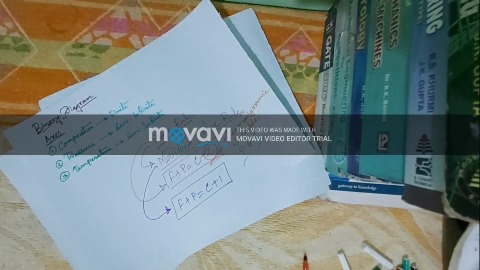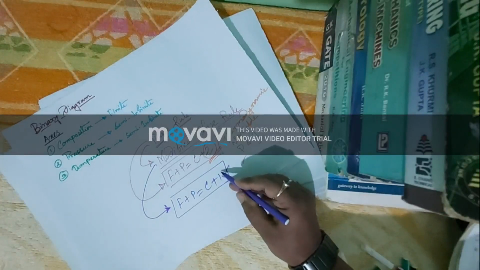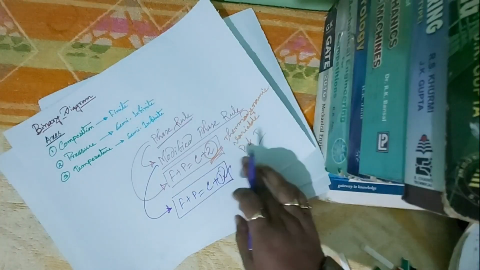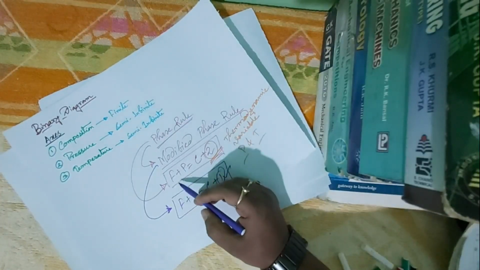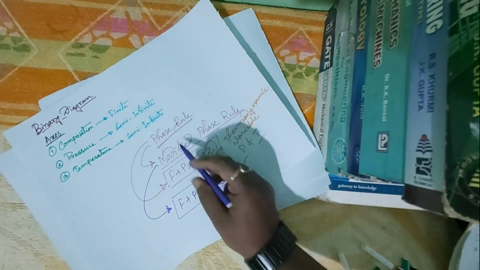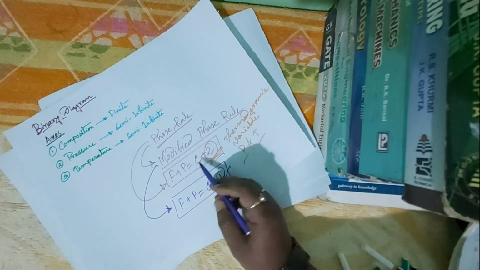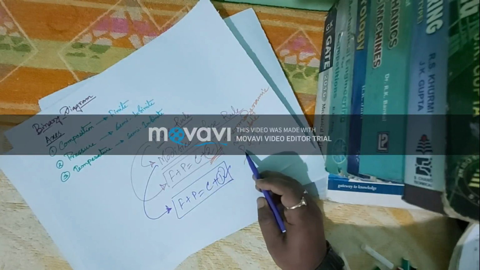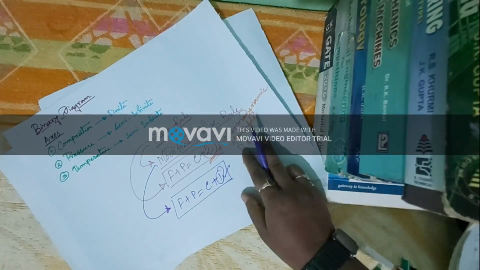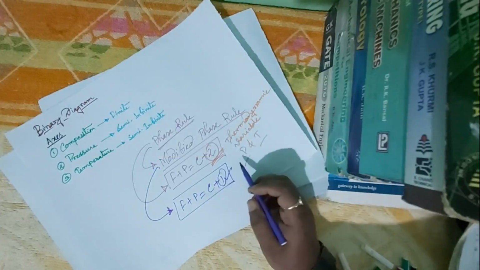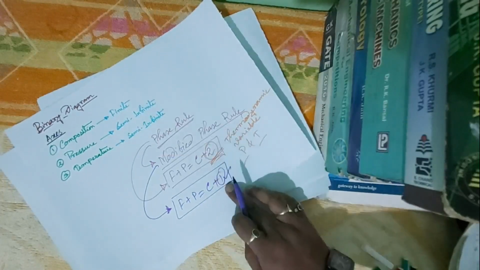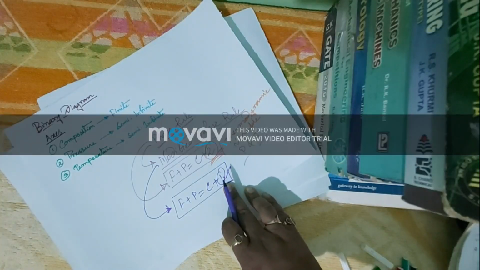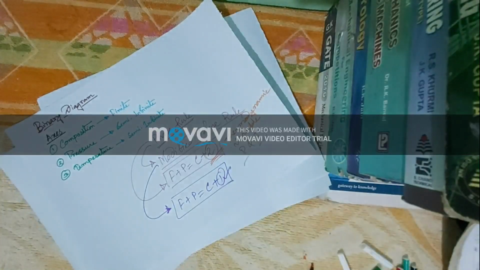Here 1 is for temperature, not for pressure. So previously you have studied the phase rule, which was F plus P is equal to C plus 2. 2 is for pressure and temperature; in that case both were variable, but now pressure is constant, that's why this 2 becomes 1, because we exercised 1 degree of freedom.